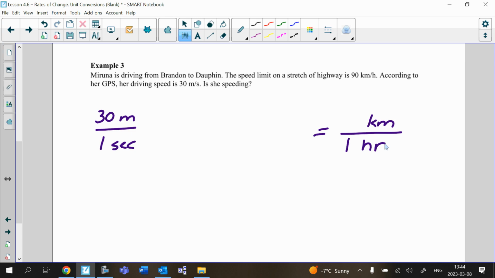Let's do the meters to kilometers first. How many meters in a kilometer? 1,000. Should I put 1 over 1,000 or 1,000 over 1? I want to cancel out the meters. Should I put 1 kilometer over 1,000 meters or 1,000 meters over 1 kilometer?